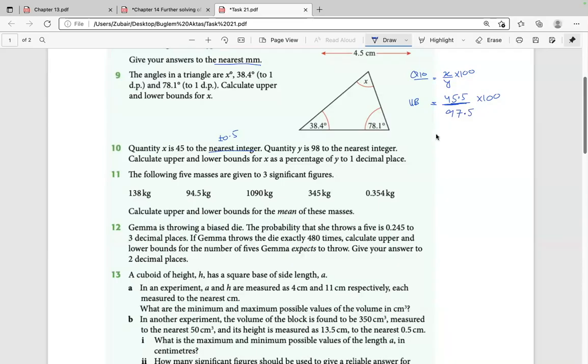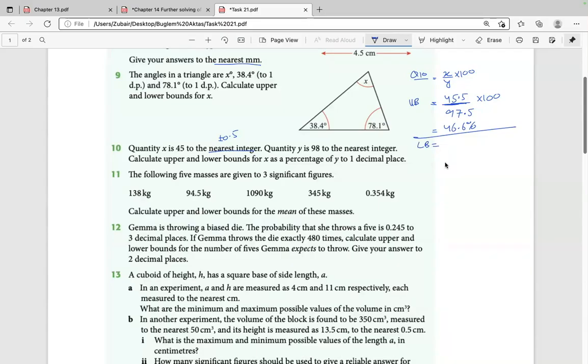Oh yeah, since it has to be less to get the higher value. So I'm getting 46.6%, so we can just write 47%.